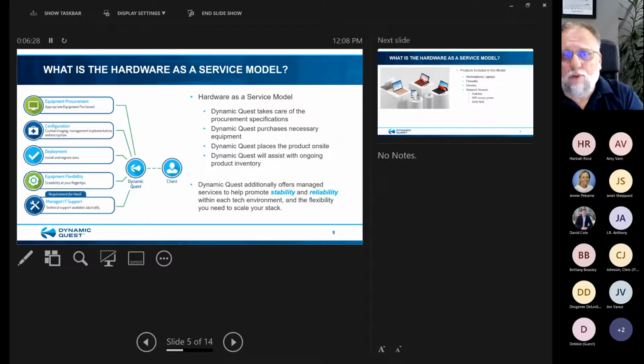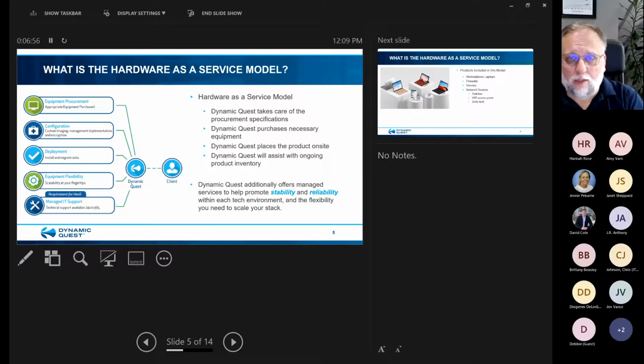The caveat with hardware as a service is it does typically require some type of managed IT support model included. So if you're a client that perhaps is on an hourly agreement with your MSP, or you're doing an engagement that doesn't require full management of your entire network, this particular model would probably look different.